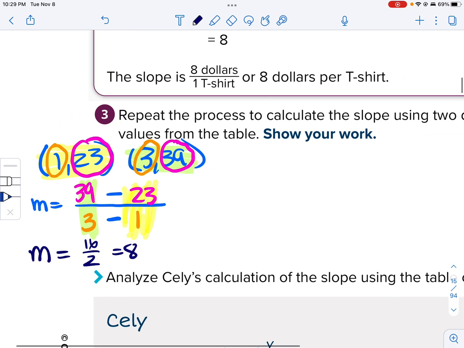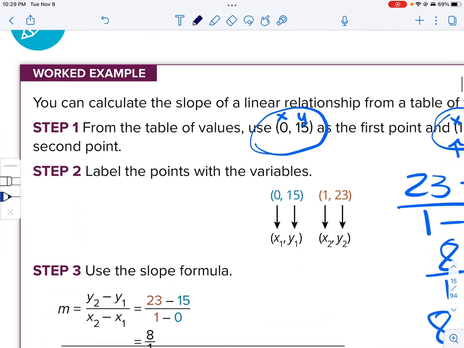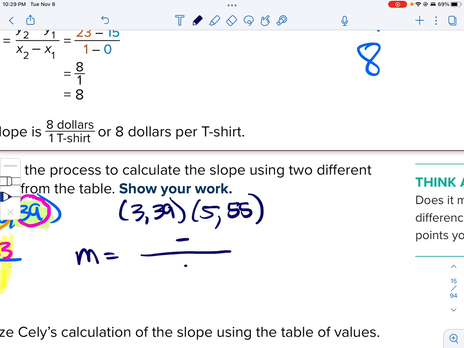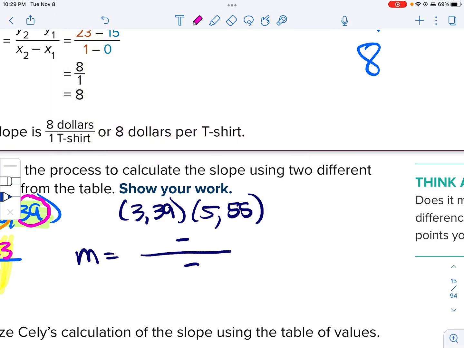Then, if I was to do 3, 39 and 5, I can't remember what it is, 5, 55. Again, I'm going to subtract, and I'm going to take my y values. These are my y values, and I'm going to subtract them.